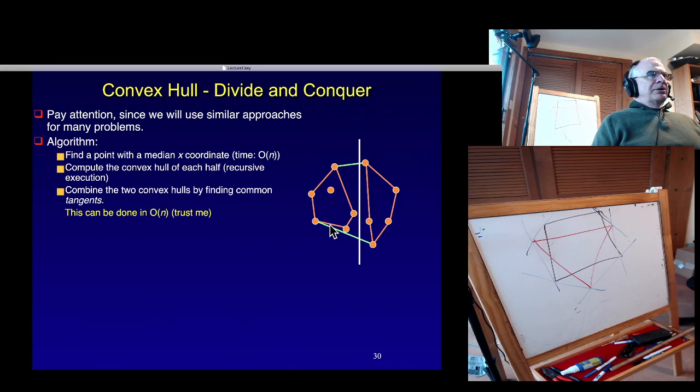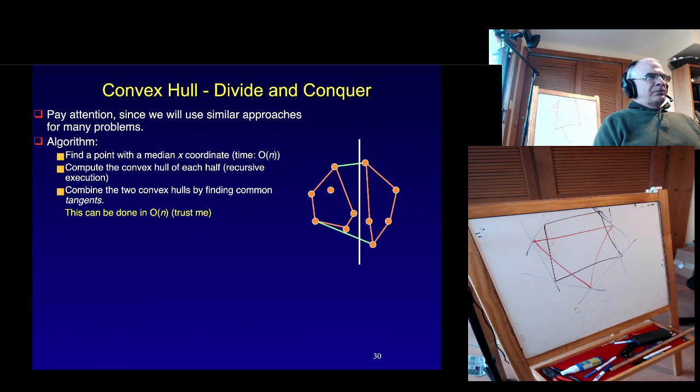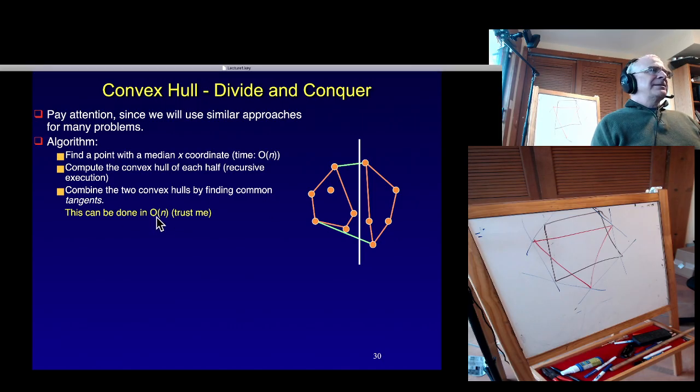If I find the common tangents, the convex hull will consist of the part of the left polygon between the common tangents, concatenated by the new edge, concatenated by the right part of the right polygon up to the new tangent, concatenated with the lower new tangent, and that's exactly the new convex hull. It will take me linear time to do it. I'll show you how to find these common tangents in linear time.